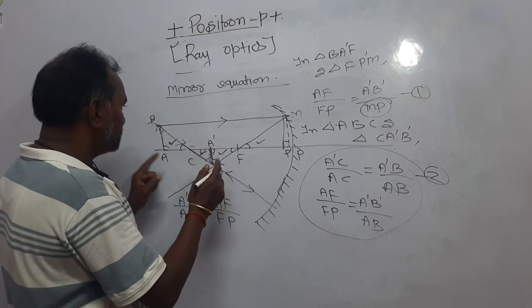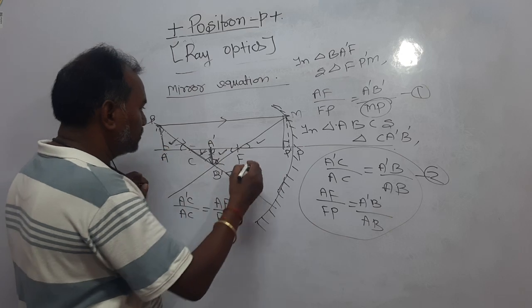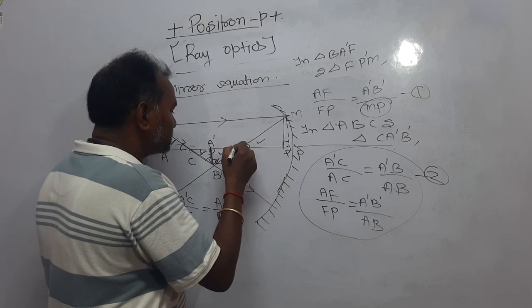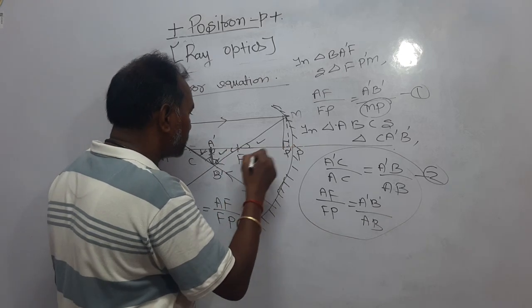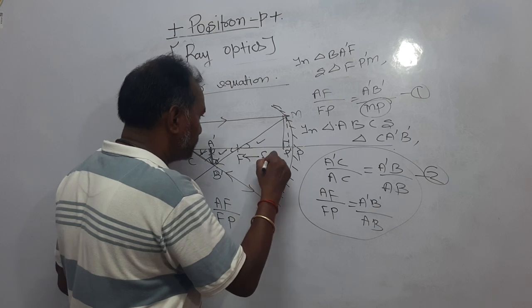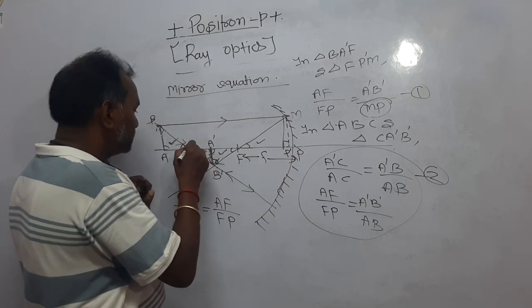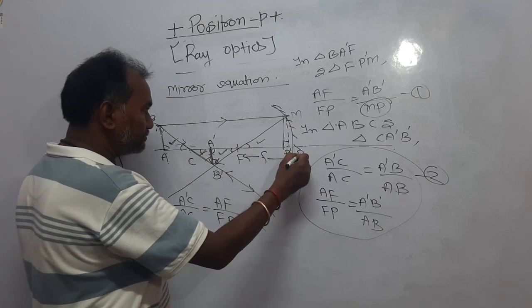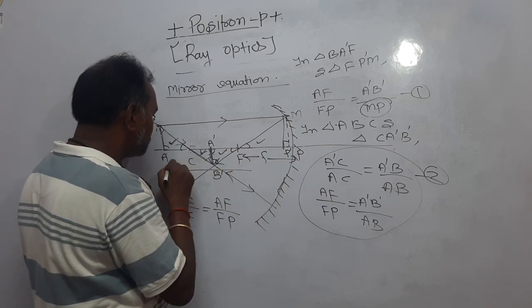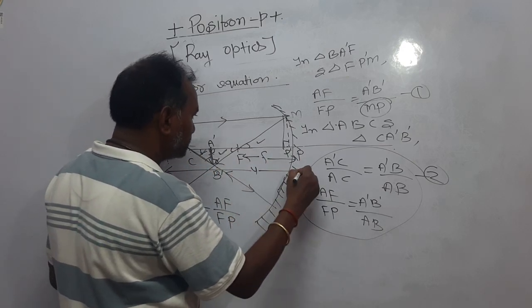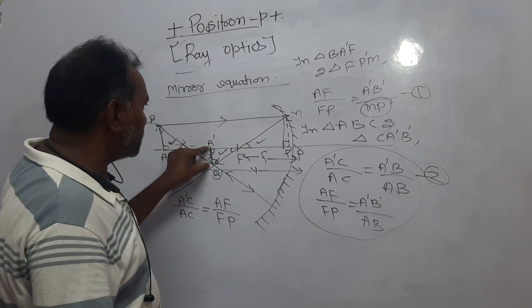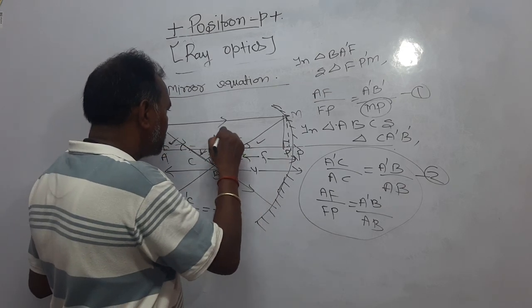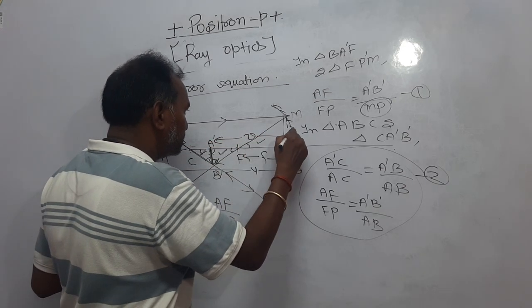A dash C. What is A dash C? Look here. The distance of the focus from the pole is F, the focal length. The distance of A from P is the distance of the object, U, right? The distance of the image from the pole is V, right?